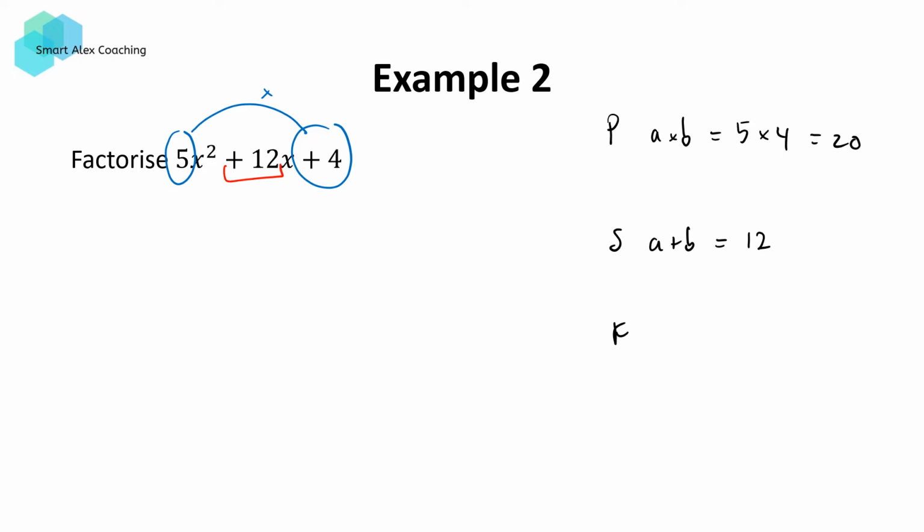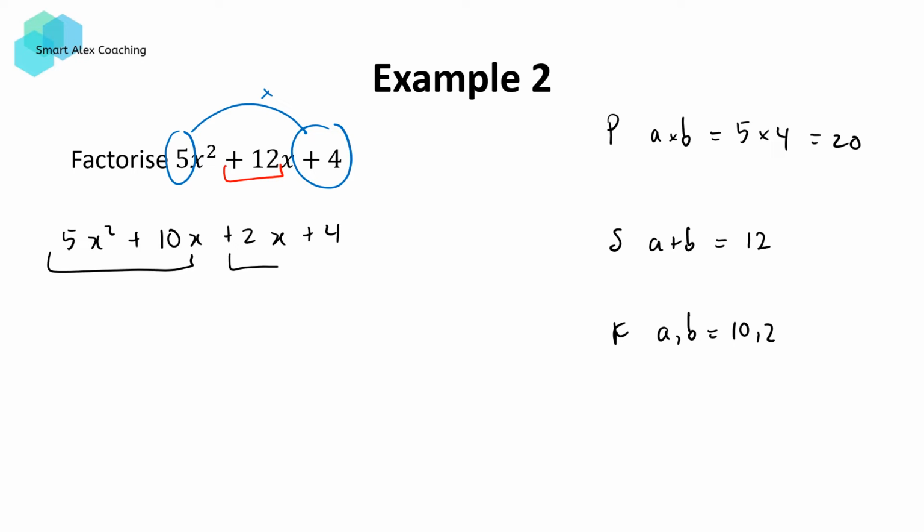Doing mental calculation, two numbers that multiply to give 20 and add to give 12 are 10 and 2. Once we identify that, we can break up the 12x into 5x squared plus 10x plus 2x plus 4. Continue with the grouping in pairs method. We're going to be able to take out the 5x, and inside the bracket we'll get x plus 2.